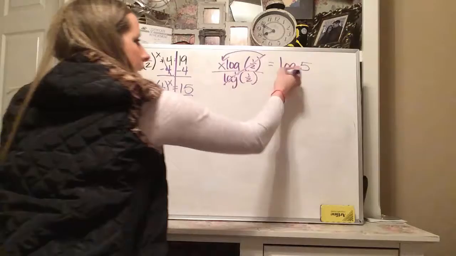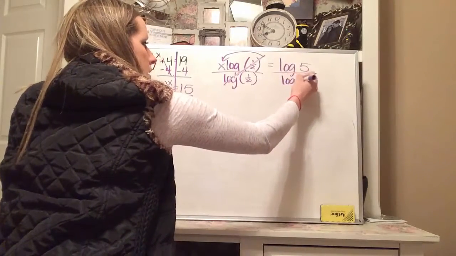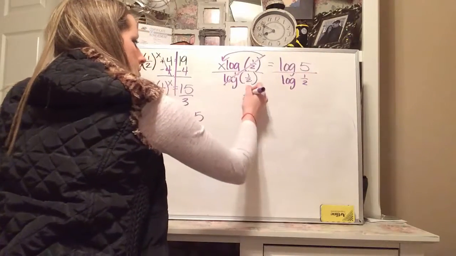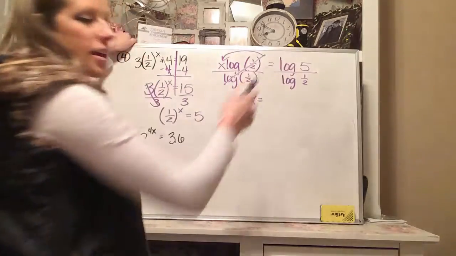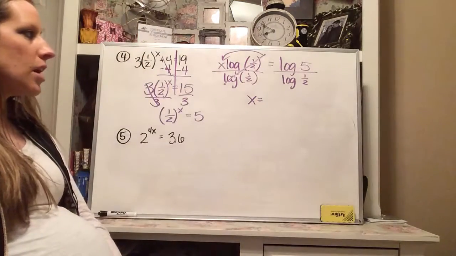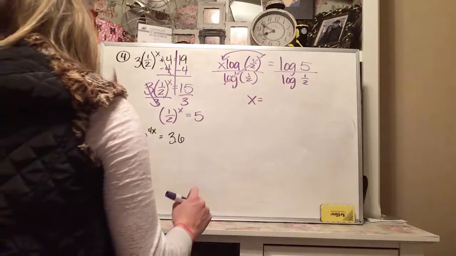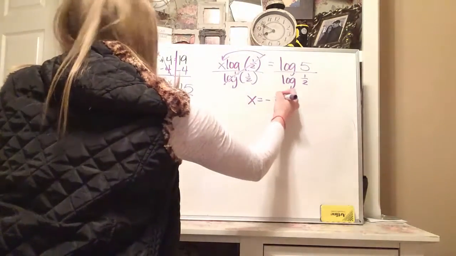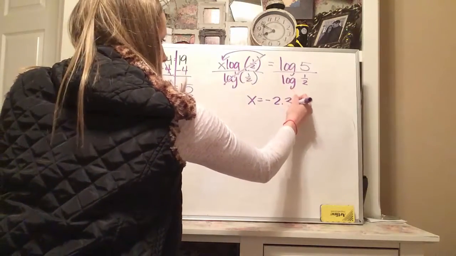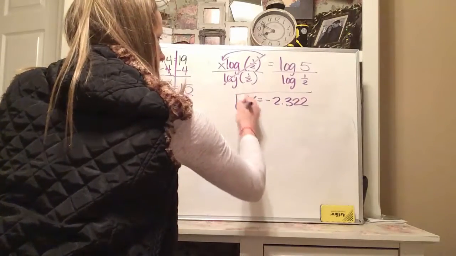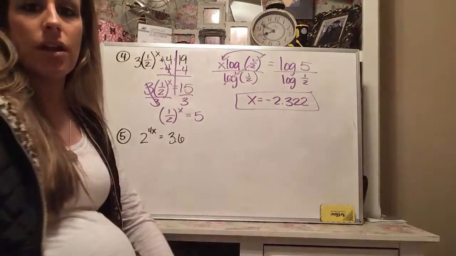That way I have that x by itself. Alright, so whenever I take the log of 5 divided by the log of 1/2 and I punch it in my calculator, I get negative 2.322.